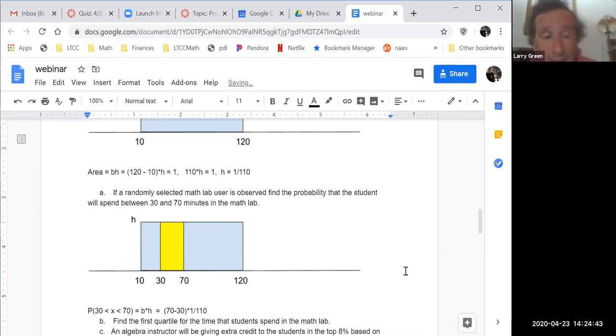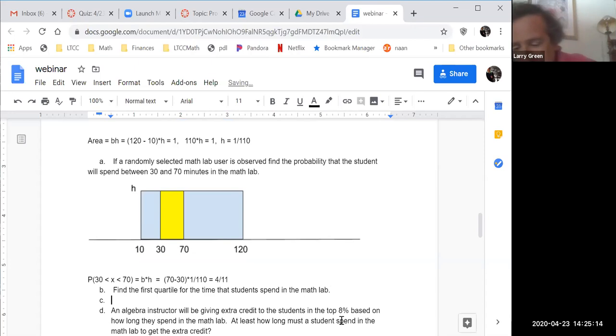So we needed that height. And that is equal to 70 minus 30 is 40. 40 out of 110 is 4/11. Okay, and just a note, if you're doing this for your computer homework, you'll probably have to make that a decimal using a calculator. Any questions on part A? Any questions on how to do this?